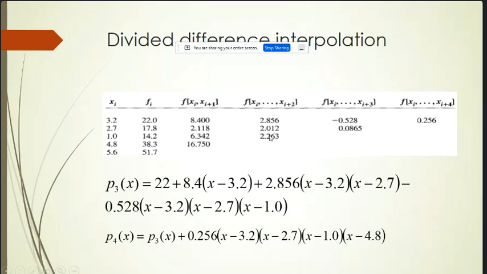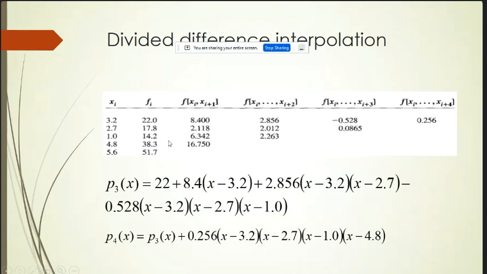We compute the fourth column of this table by dividing the difference between the first two values of the third column by 3.2 minus 1.0.